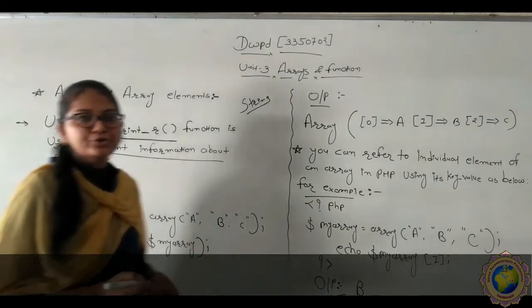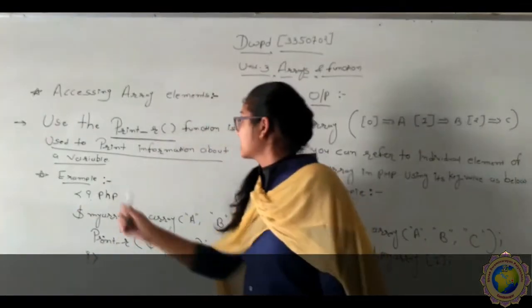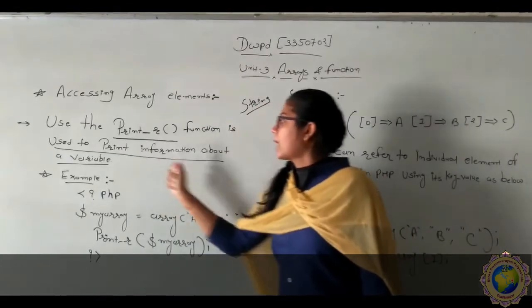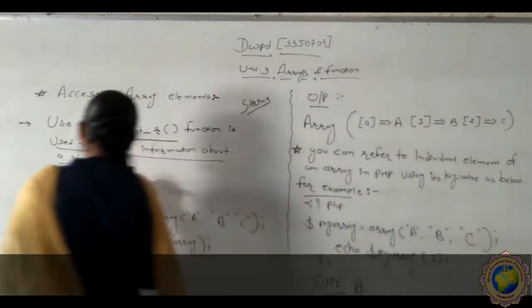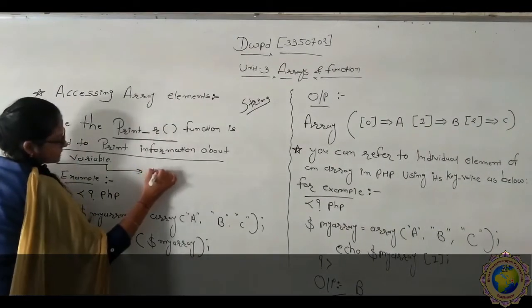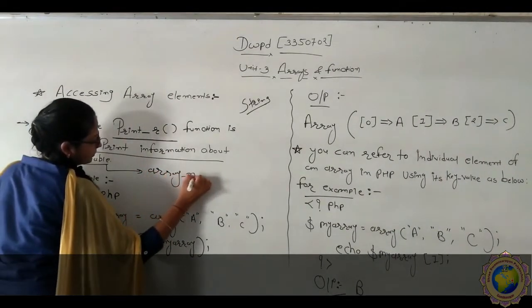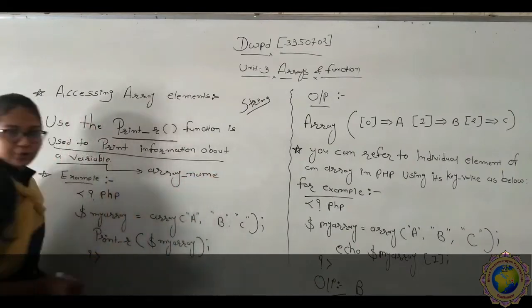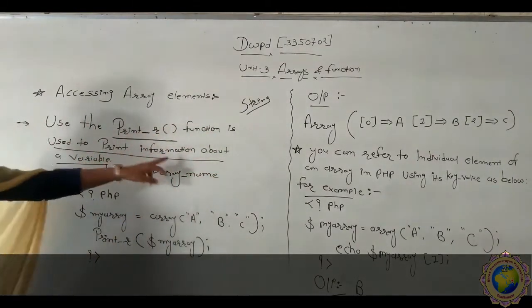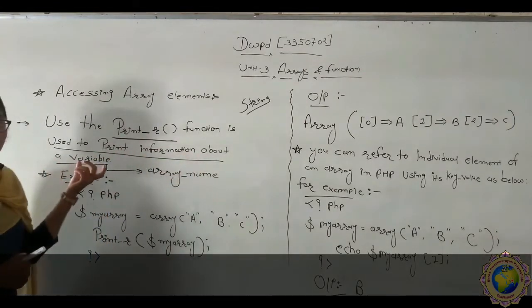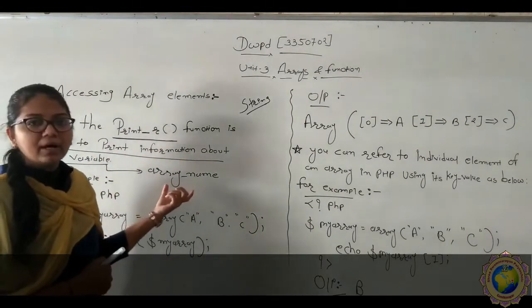What is the use of the print_r function? It prints information about a variable, and this variable is nothing but our array declaration. This is our array name. So the print_r function is used to print information about a variable, and the variable is nothing but our array.